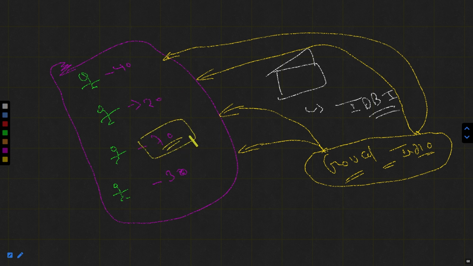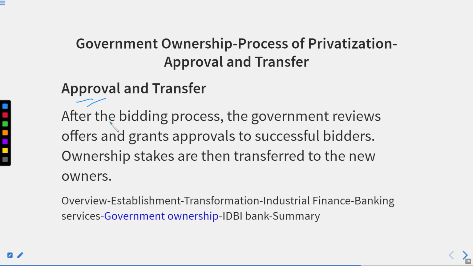In case 70 lakhs is the best one, the approval will be granted to him, and thereafter the stakes will be transferred to them. So this is how the approval and transfer system works.